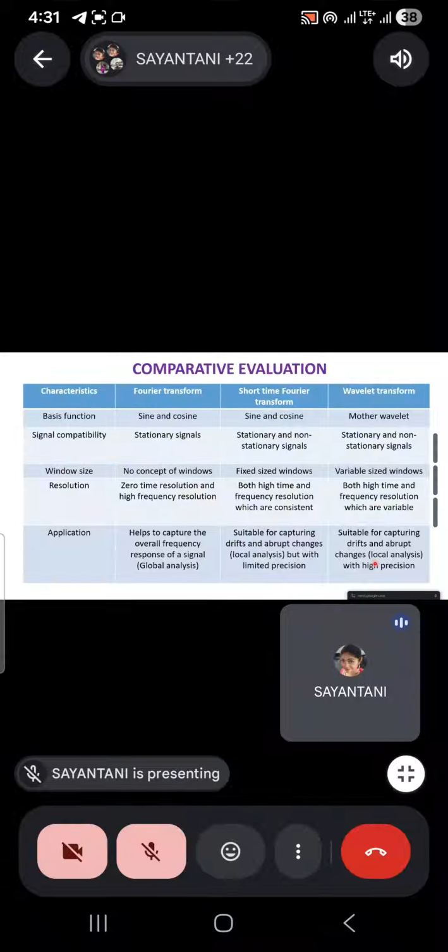We can easily capture the drifts and abrupt changes, but the precision of capturing these changes is very high because of the use of wavelets, which can be compressed, expanded, or translated as per our needs. So this is the basic summary of what we have studied till now.